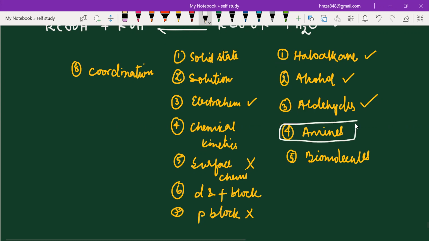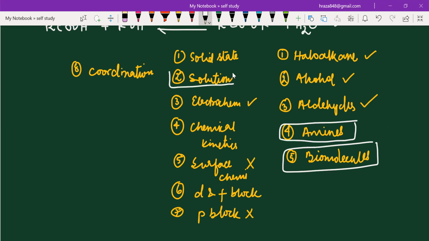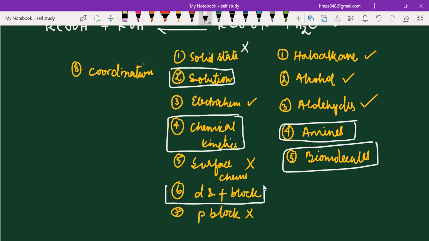This amines, this biomolecules, and then solution. This is deleted. And you have done the electrochemistry, that means chemical kinetics we have to do, and then D and F block, and then coordination compound, right? Yes, sir. Oh my god, we have 5 to 6 chapters to cover.